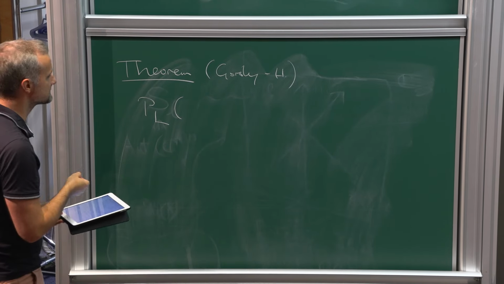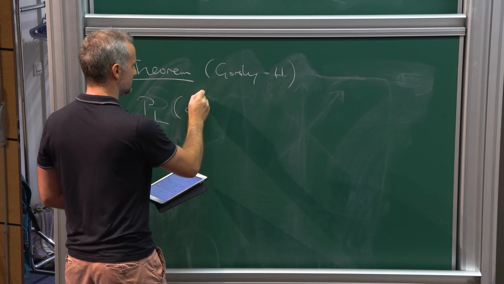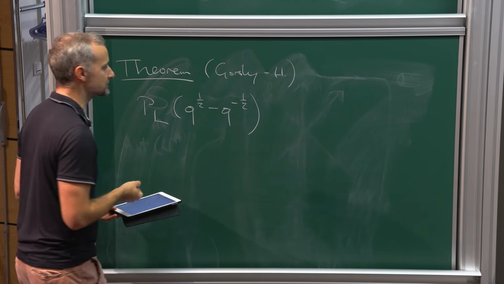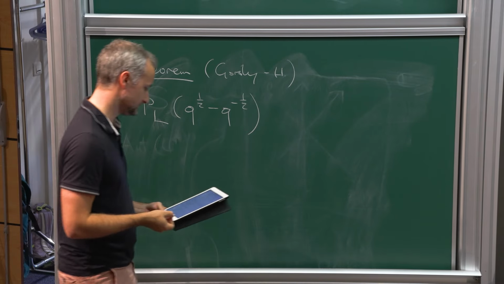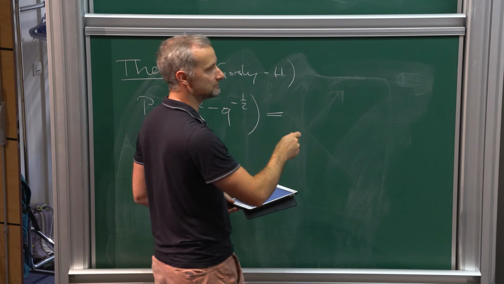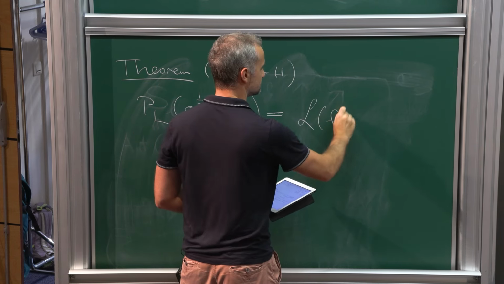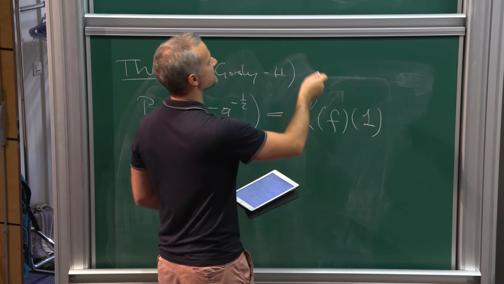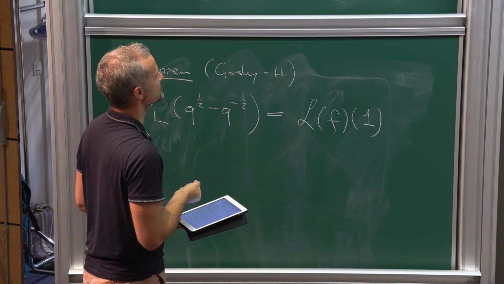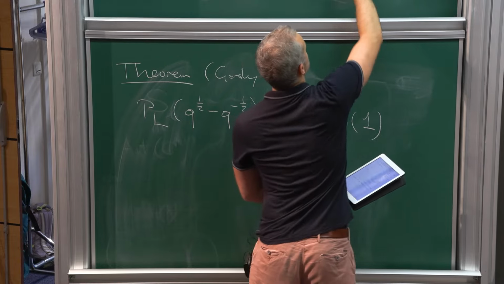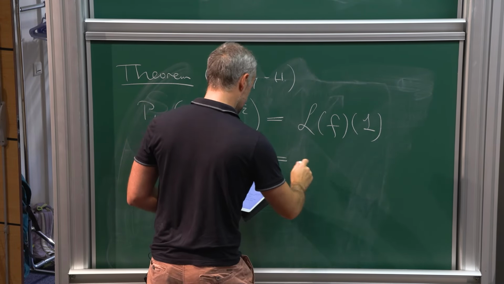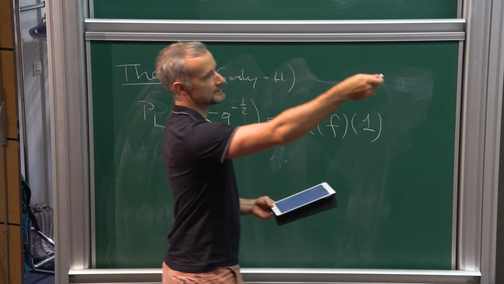In the case m equal 1, it's part of the HOMFLY polynomial in q^(1/2) minus q^(-1/2), where q is the number of elements in my finite field. It will be equal to what I defined over here, the homotopy cardinality of the constant function 1 on the set of local systems of rank 1. Call this f.